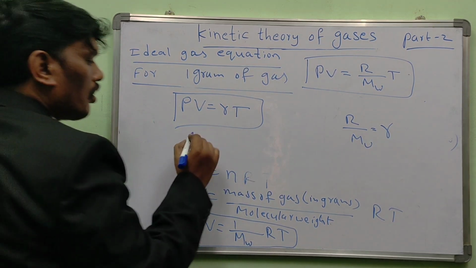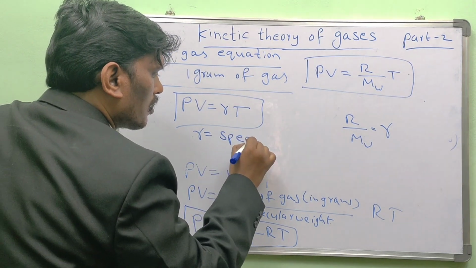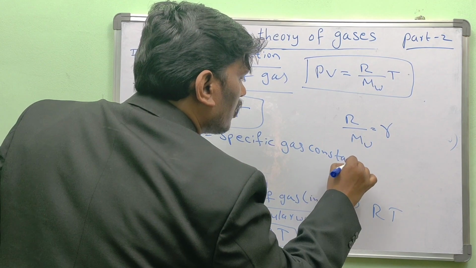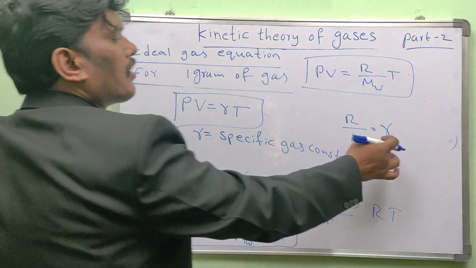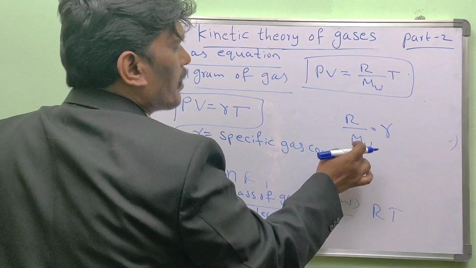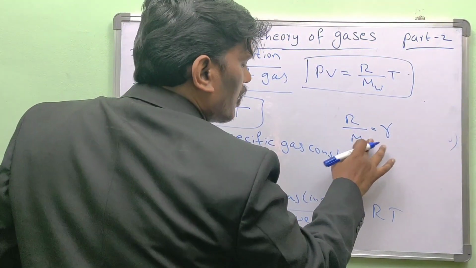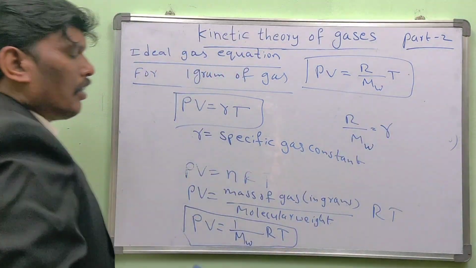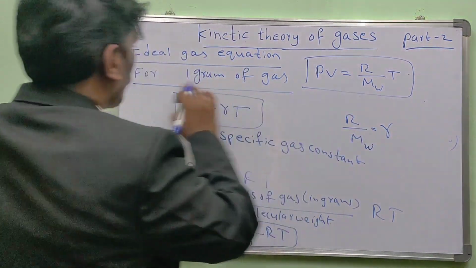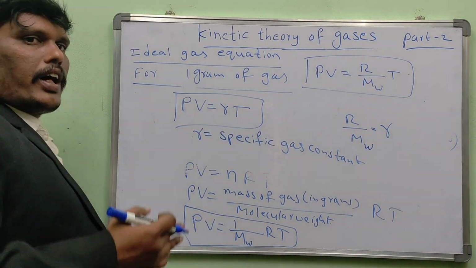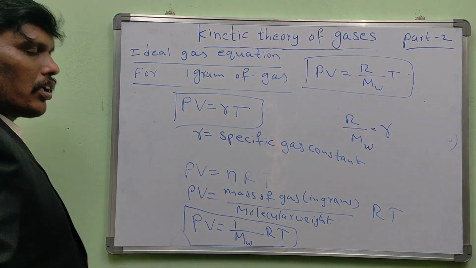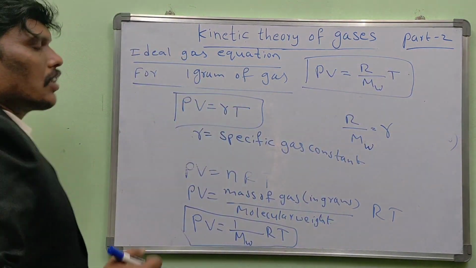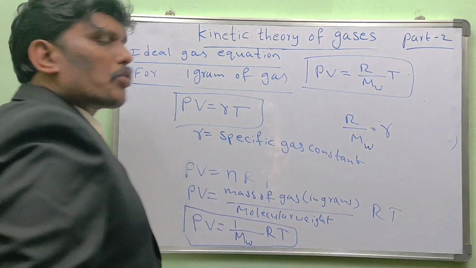A small r is called the specific gas constant. The specific gas constant is the ratio of the universal gas constant by molecular weight, M suffix W. So for 1 gram of a gas, PV is equal to small rT, otherwise PV is equal to R by molecular weight into T. Directly write this formula to solve problems.